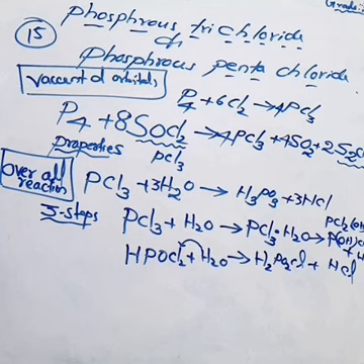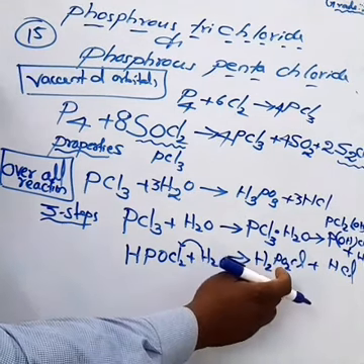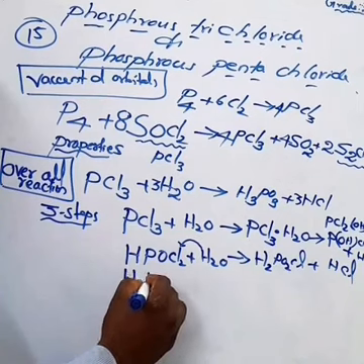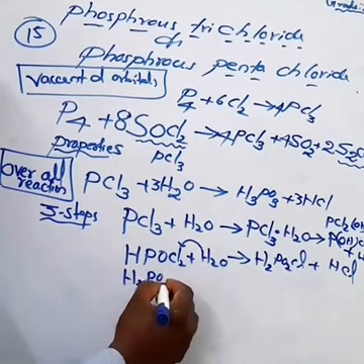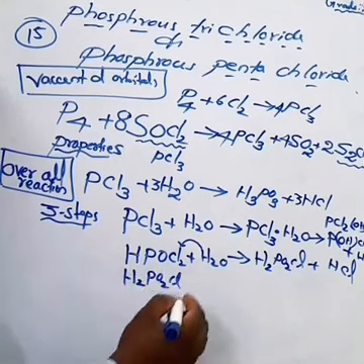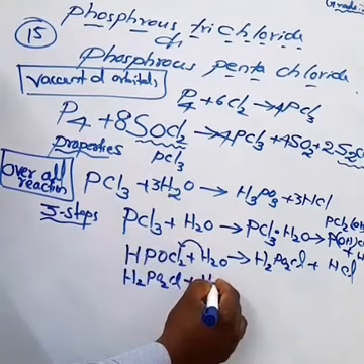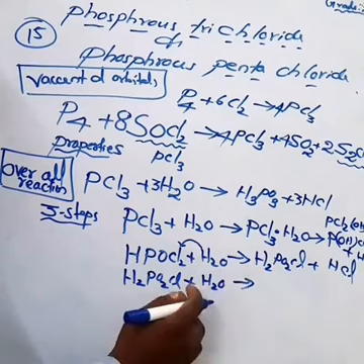Next, this phosphorus compound again reacts with the third water molecule. Here the H of water combines with the Cl to form HCl. What is the remaining product?